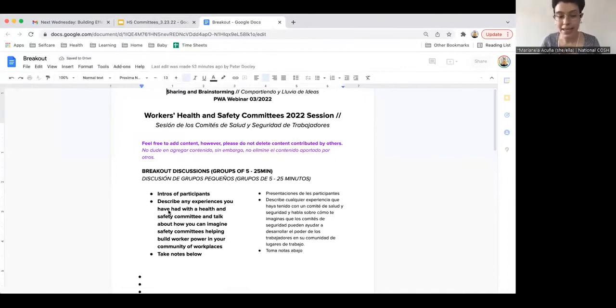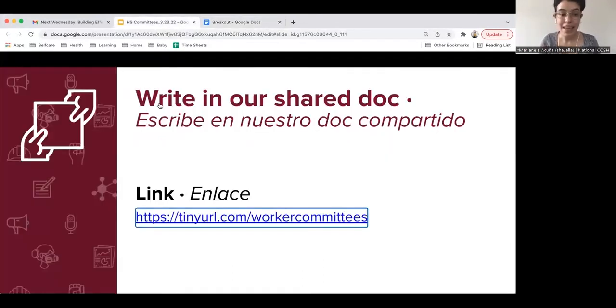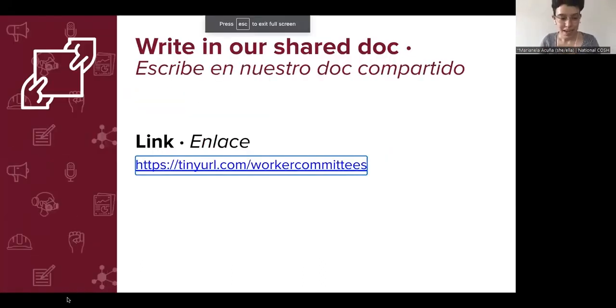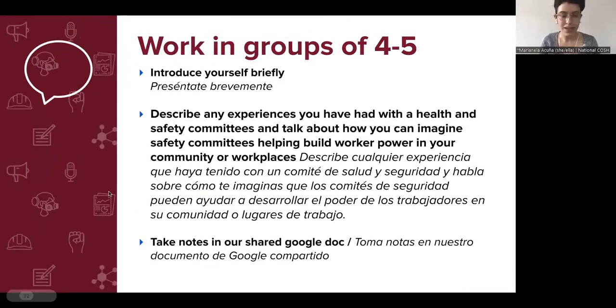And here are also the instructions of the next activity we're going to do. Moving forward, because my computer's giving me a little bit of problems. All right, so this activity, the goal is for us to learn from each other and about the safety and security committees.